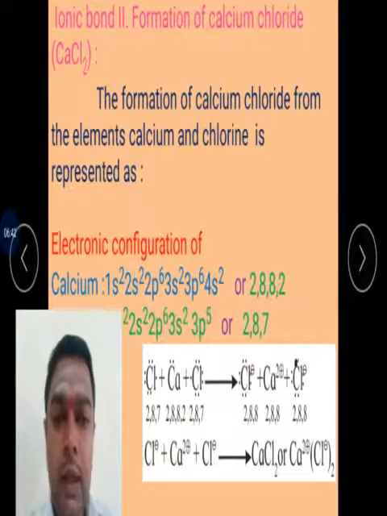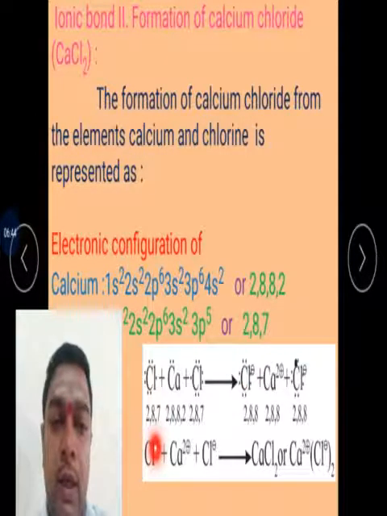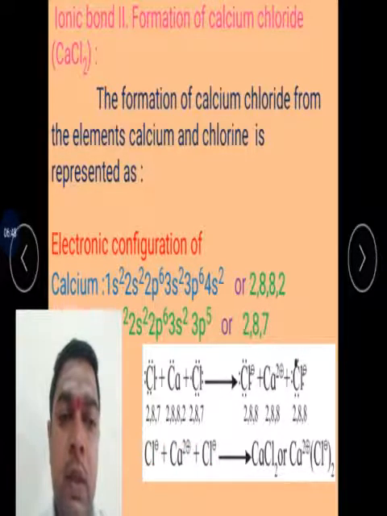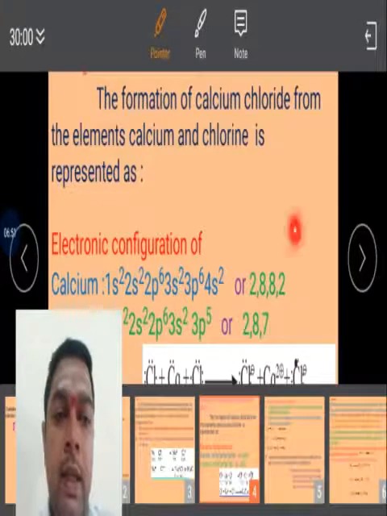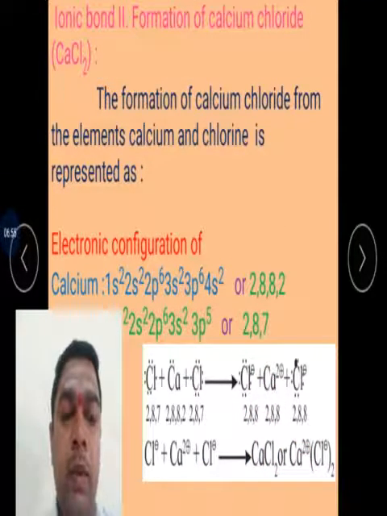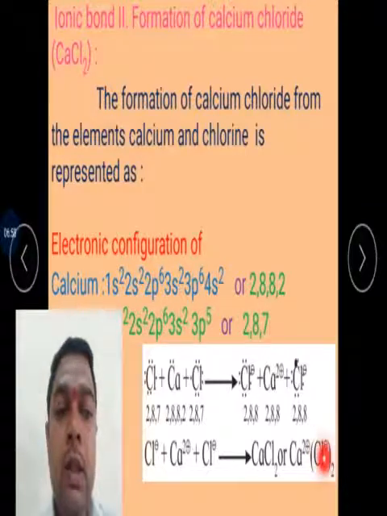The reaction is represented as Cl minus plus Ca2 plus Cl minus, which gives CaCl2. This compound contains the ionic bond. It is Ca2 plus, with Cl minus twice inside the bracket.